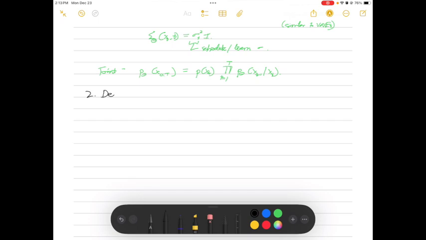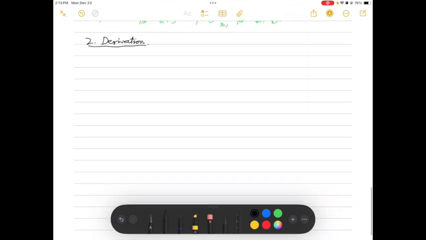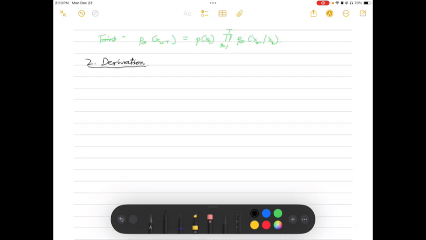DDPM objective. So this is section 2 of this video, which is the derivation of diffusion models. Okay, so the derivation consists of 3 steps. The first step is to expand the ELBO objective.